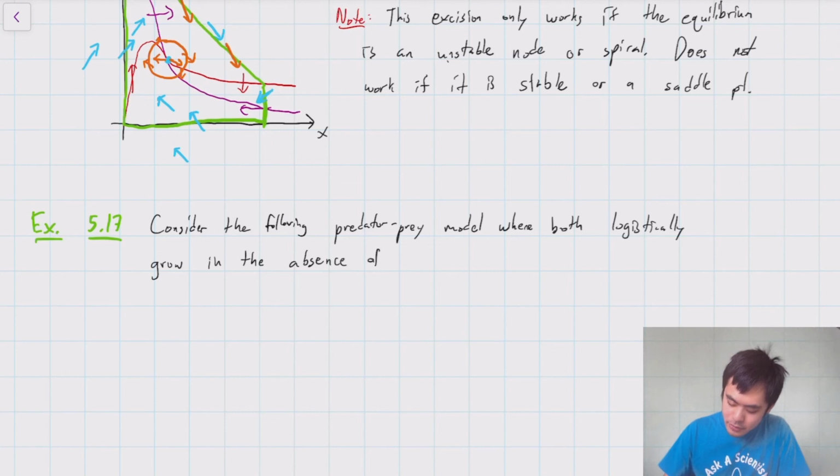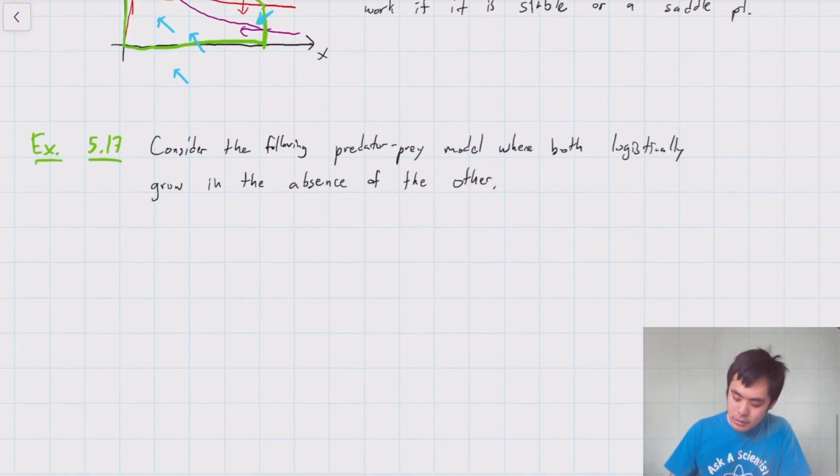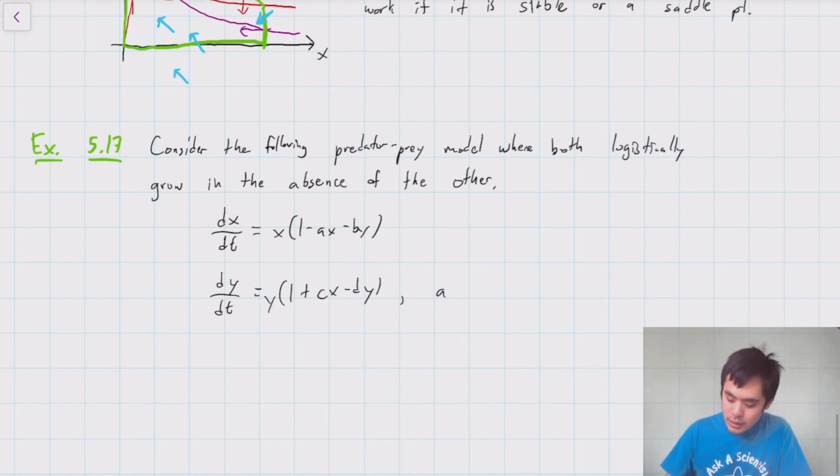And of course we're going to write this as a system of differential equations. dx/dt is equal to x times (1 - ax - by), and dy/dt is equal to y times (1 + cx - dy), where a, b, c, and d are positive constants.